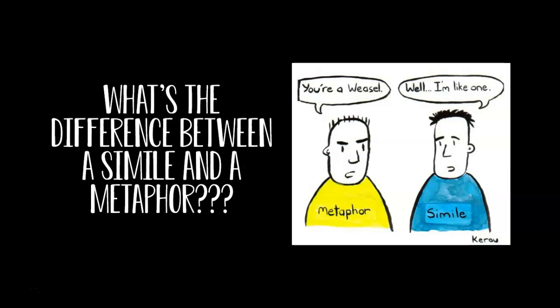That's a metaphor because it's comparing the person to a weasel, but it doesn't use the words like or as. A simile might be, you are just like a weasel. That would be a simile because you're still comparing the person to a weasel, but it uses the word like.